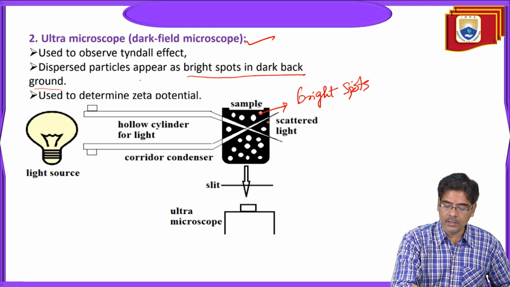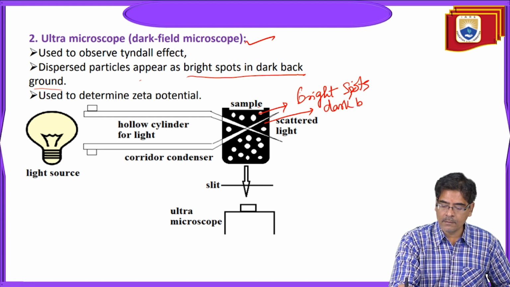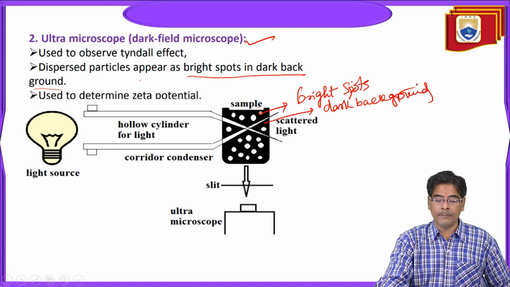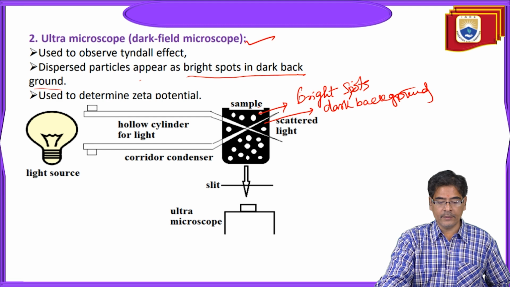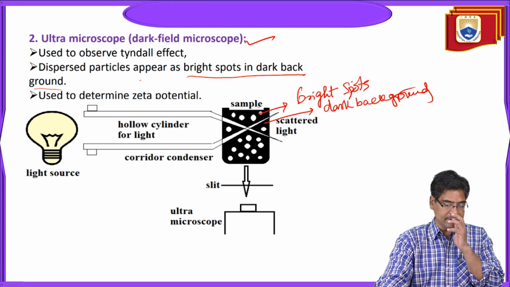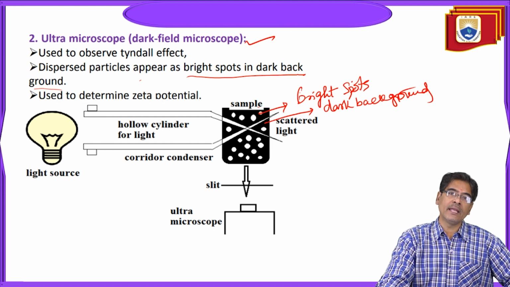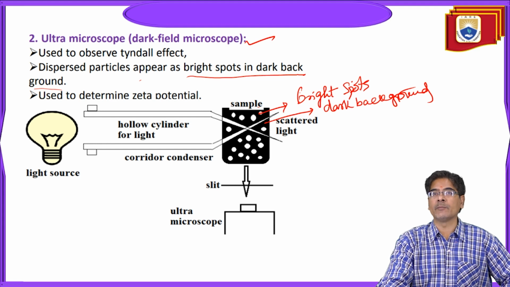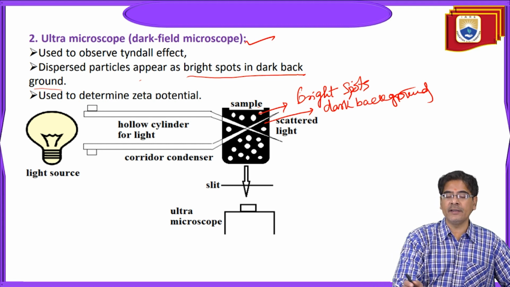So this is your dark background, and these are the dispersed particles. They appear as bright spots in a dark background, and this is used to determine zeta potential.